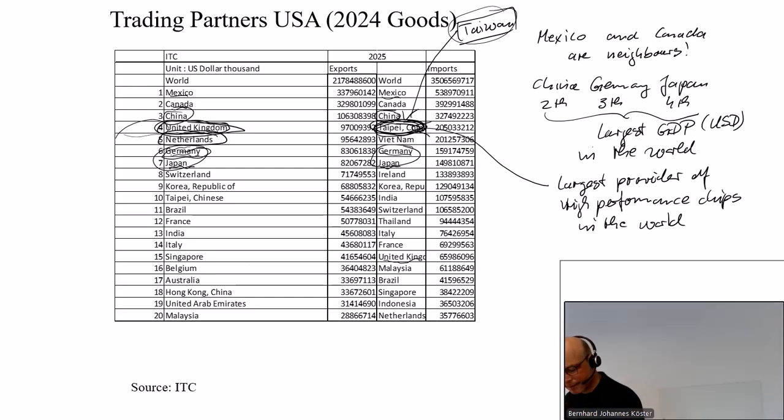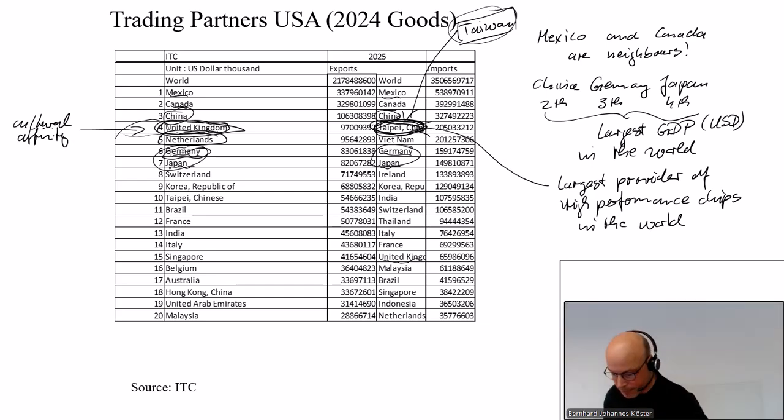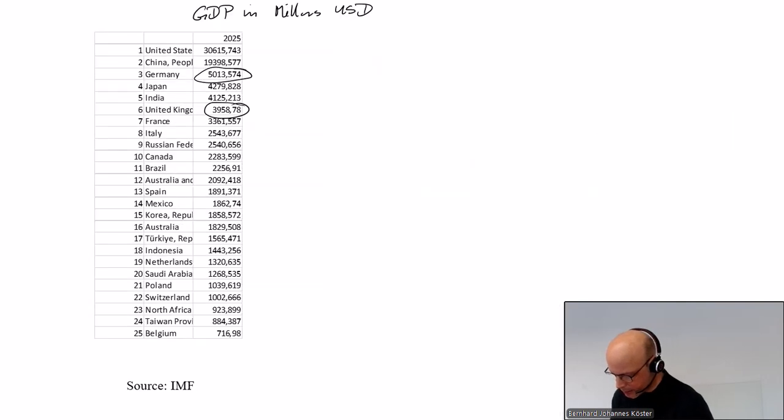There's Netherlands. And Netherlands is a little bit larger than Taiwan, but not that much.